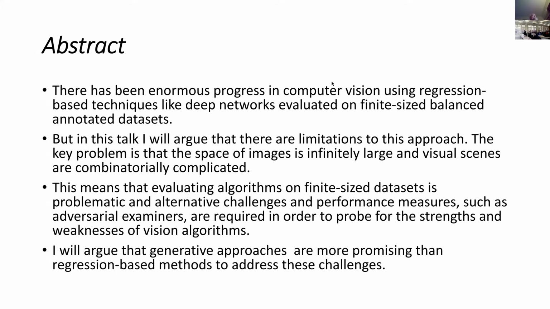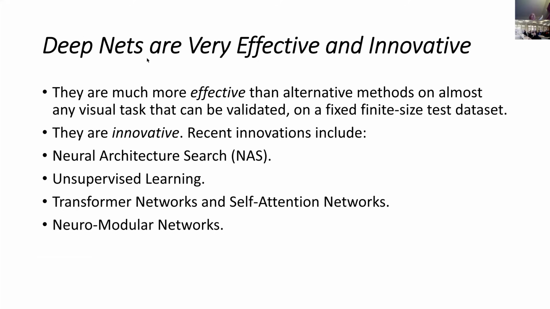Okay. So there's no question that deep networks are very effective and innovative. They're far more effective than alternative methods on almost any visual task that can be validated on a fixed finite size test data set. They're also very innovative. New ideas keep happening all the time.